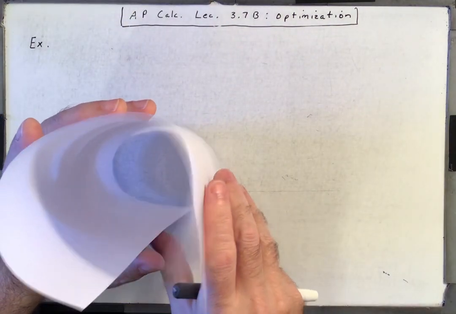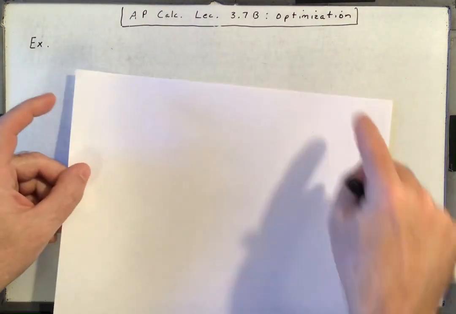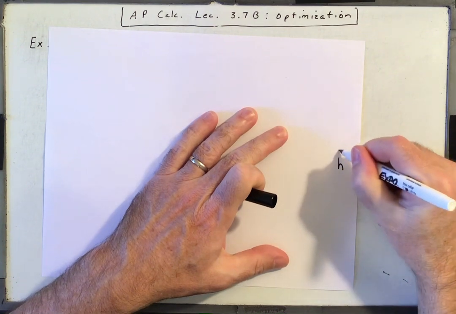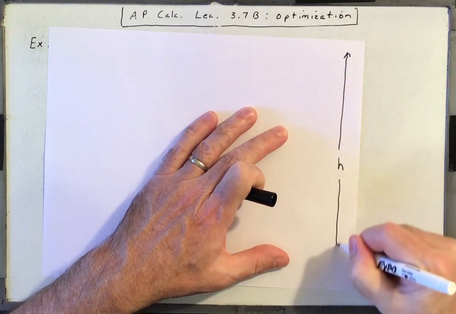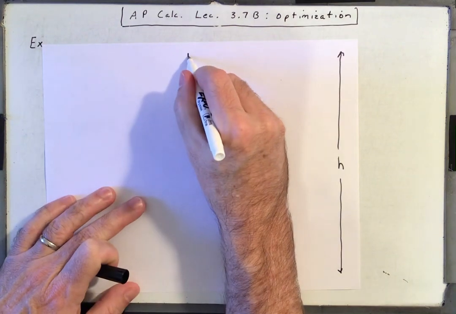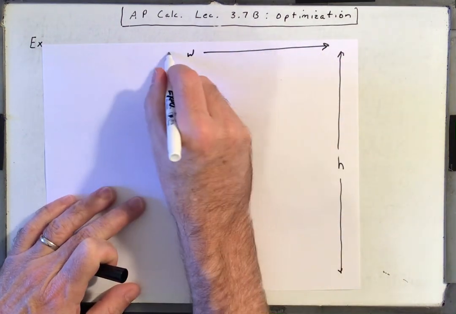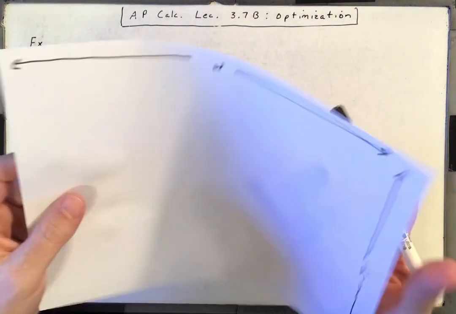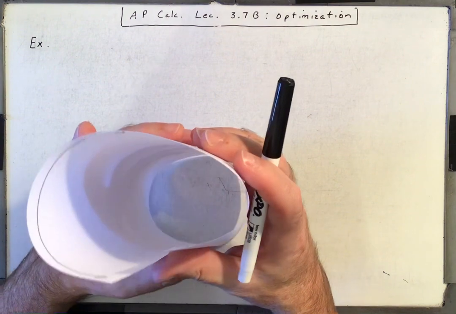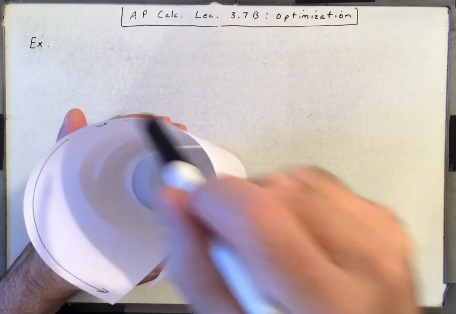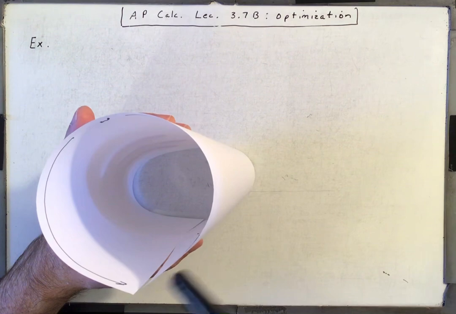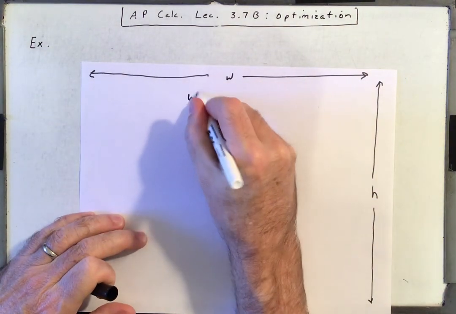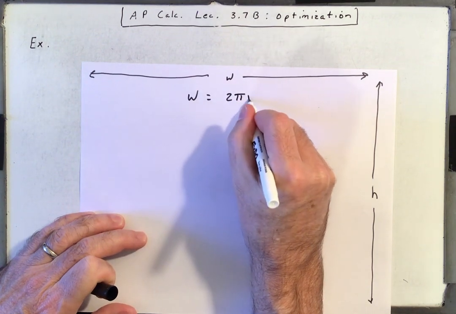And then the width of the can, if we unfold it, this distance here, of course, this is height, and then this is width. But we've made it into a cylindrical can, which just means the top is a circle. So the width, that length, is just the circumference of this circle, 2 pi r. So width is just equal to 2 pi r.